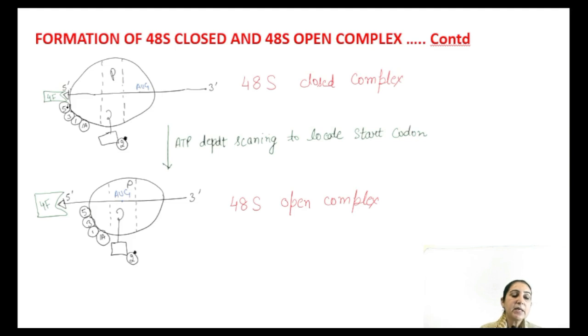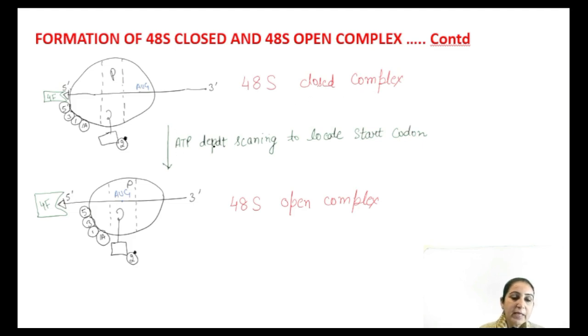These are our initiation factors 5, 3, 1 and 1A. This structure was part of the 43S pre-initiation complex. Now our mRNA, which is attached with initiation factor 4F, comes here and gets attached with the 40S subunit. So this complex is known as the 48S closed complex.